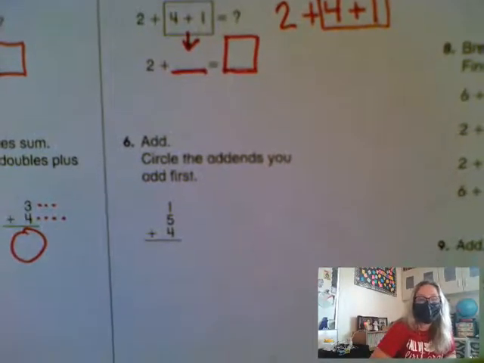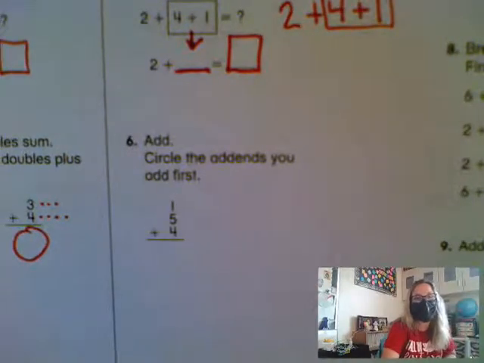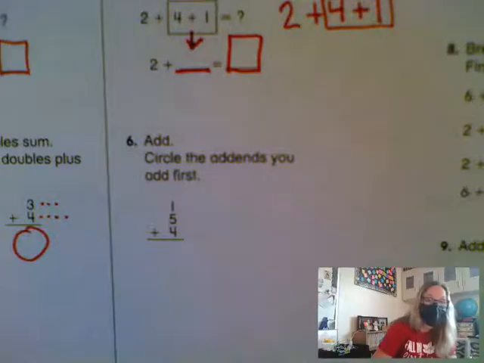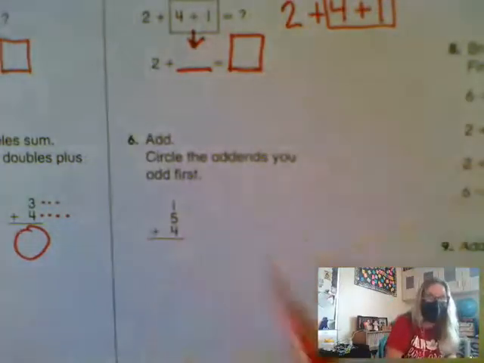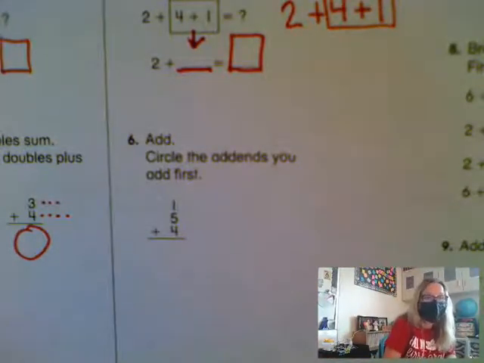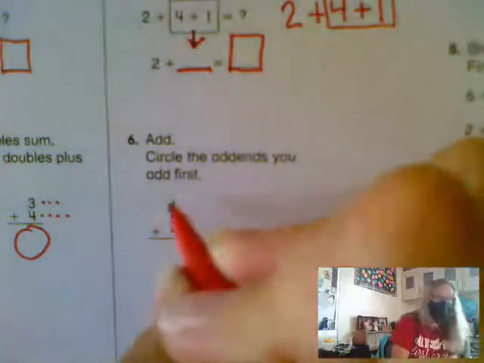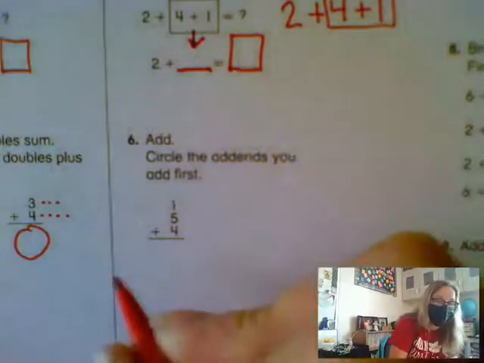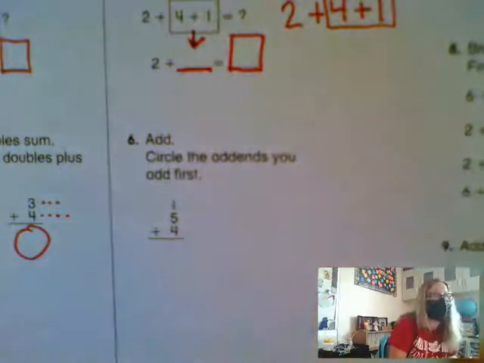Looking at number 6, it says add, circle the add-ins you add first. So now instead of them circling them for you, they're saying add these up, but pick 2 numbers you want to add together first. If you want to add the 5 and the 1 first, add the 5 and the 1 first. If you want to add the 5 and the 4 first, add the 5 and the 4 first.